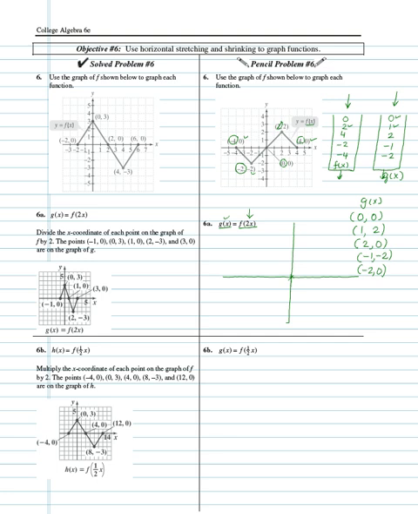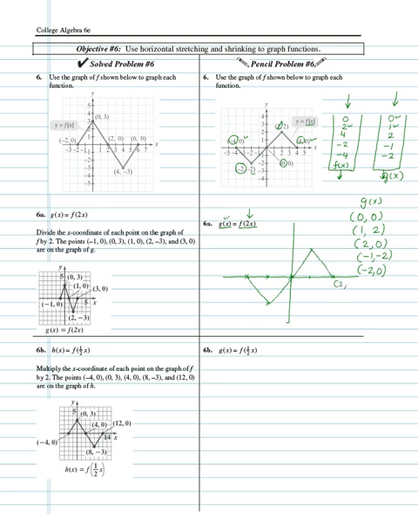So let me go ahead and plot those. 0, 0, 1 and 2 is going to be somewhere here. If I say this is 1, 1 and 2, 2 and 0, and -2 and 0, -1 and -2. So if I plot these points, my graph would be something like this.